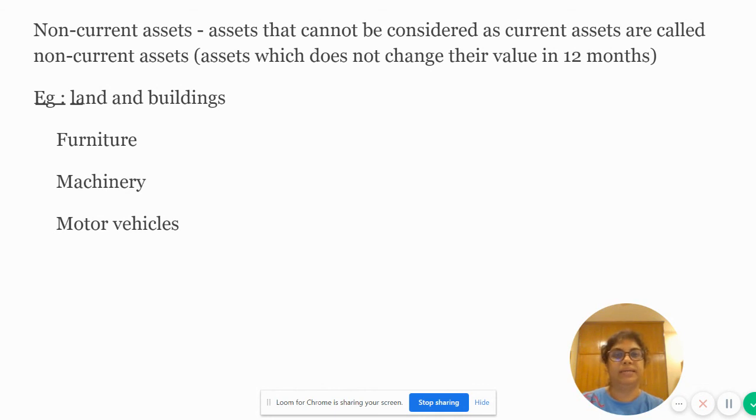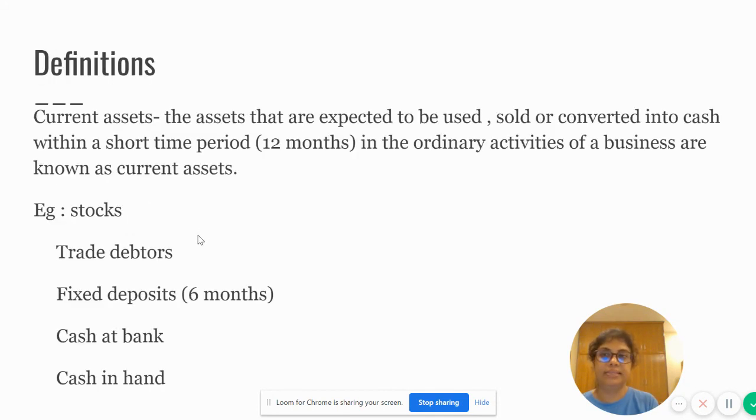The examples are land and buildings, furniture, machinery, and motor vehicles. So this categorization into current assets and non-current assets has been done based on the time period.